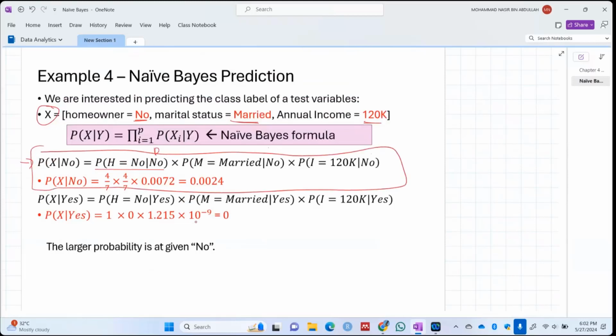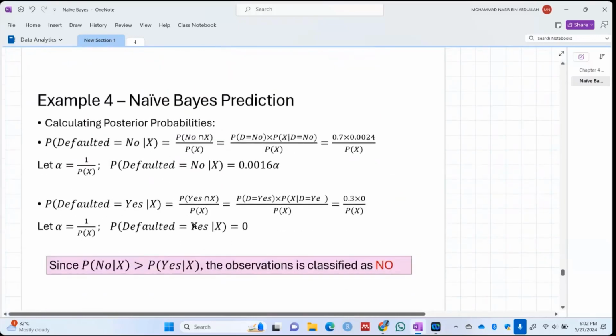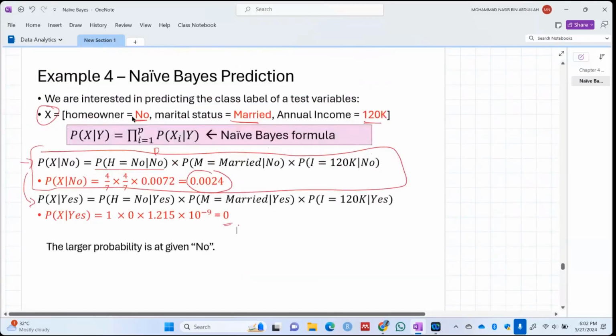We multiply all the class conditional product and we will get 0.0024. We do the same thing for D equal to yes and we will get equal to 0.